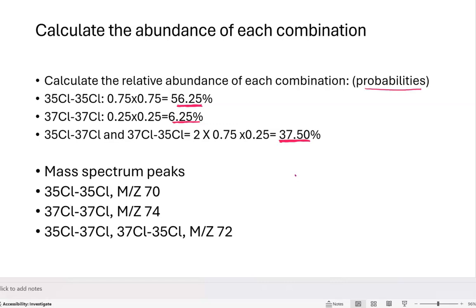Both atoms chlorine 37 isotopes, the percentage abundance is 6.25%. The combination of atoms chlorine 35 and 37, percentage abundance is 37.50%. Now the mass spectrum peaks at mass to charge ratio 70, 74 and 72.